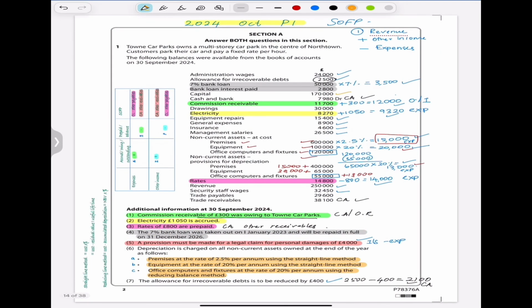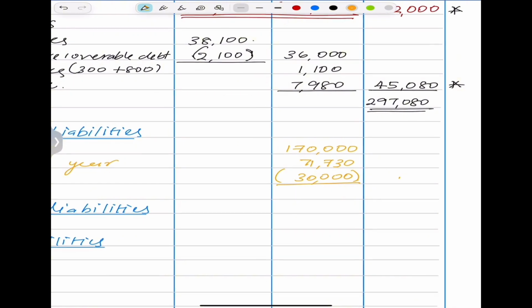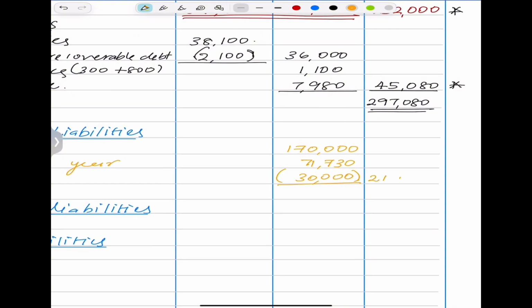Let's go back to the question and see if we have any drawings. Yes, we have drawings, 30,000. 170,000 plus 71,730 take away 30,000 should give 211,730.